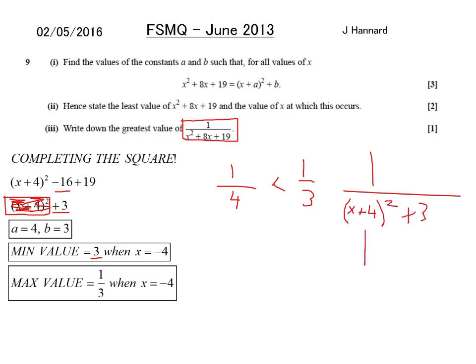Now this here, apart from when it's 0, it's always going to be positive, so that is always going to be less than a third, because a quarter is less than a third, remember. Therefore, the maximum is always going to be a third on that one. So that's another way to think about it, when x equals minus 4, obviously.